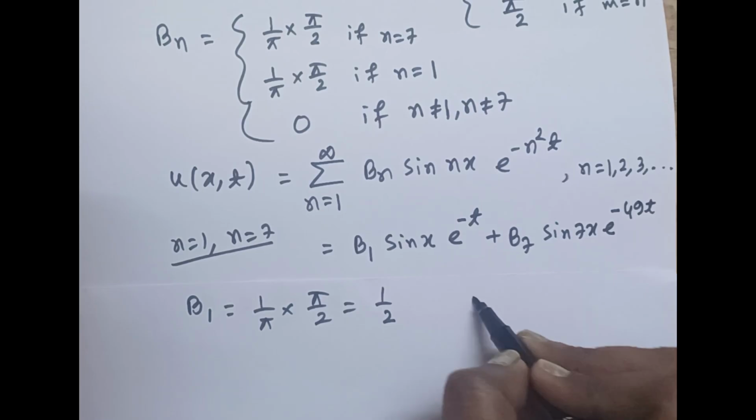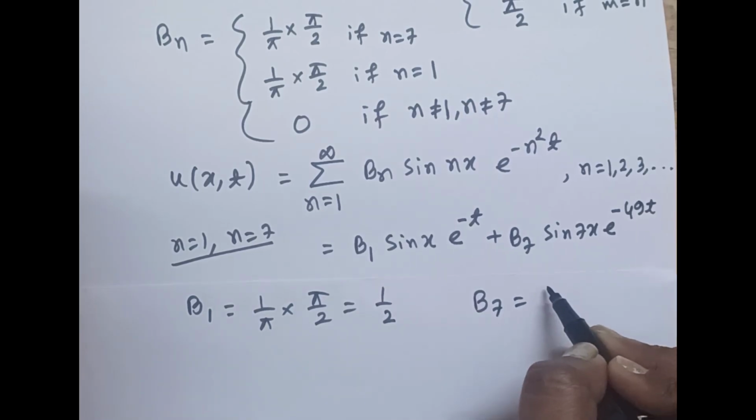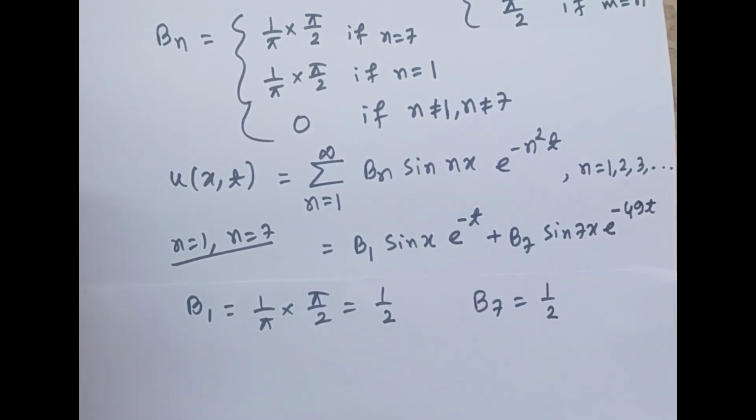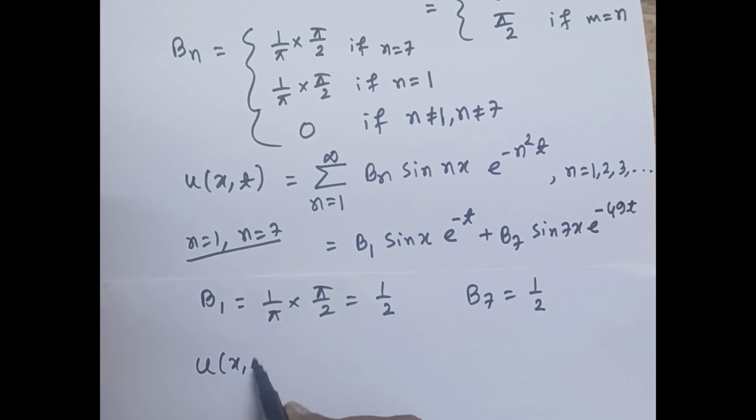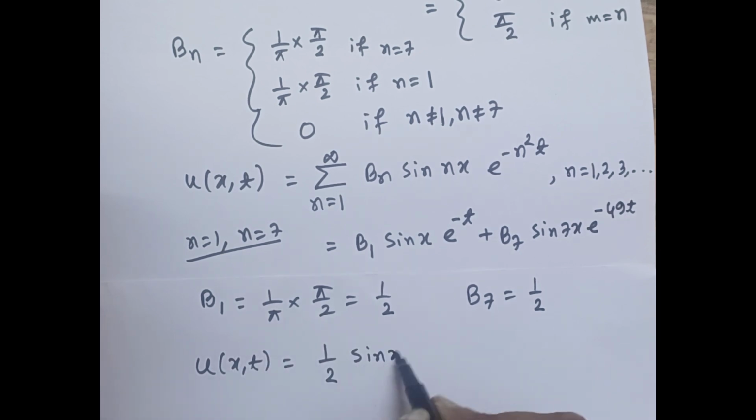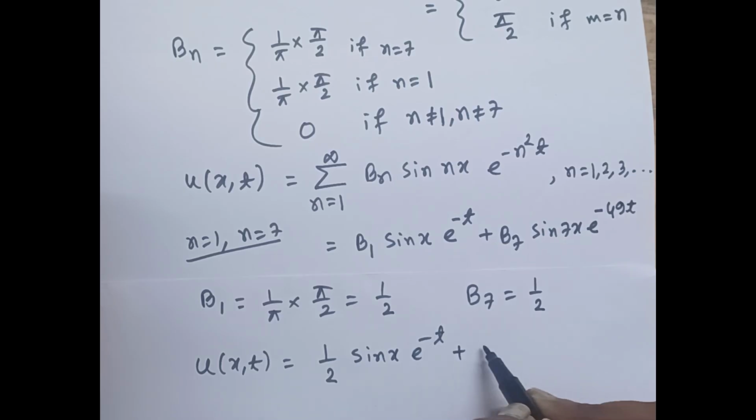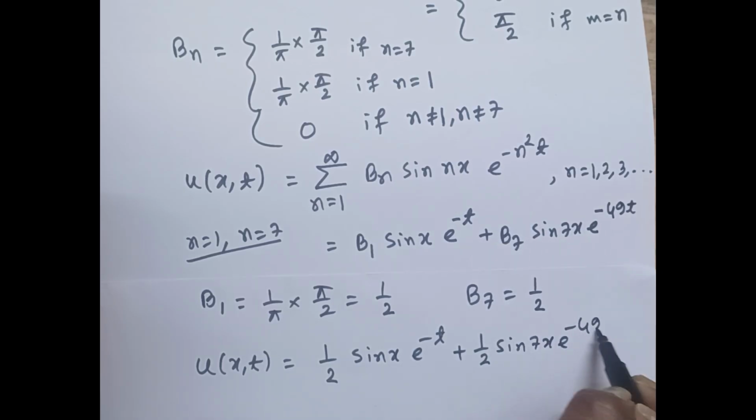Similarly b7 is also equal to 1 by 2. And then u(x,t) equals 1 by 2 sin x e power minus t plus 1 by 2 sin 7x e power minus 49t.